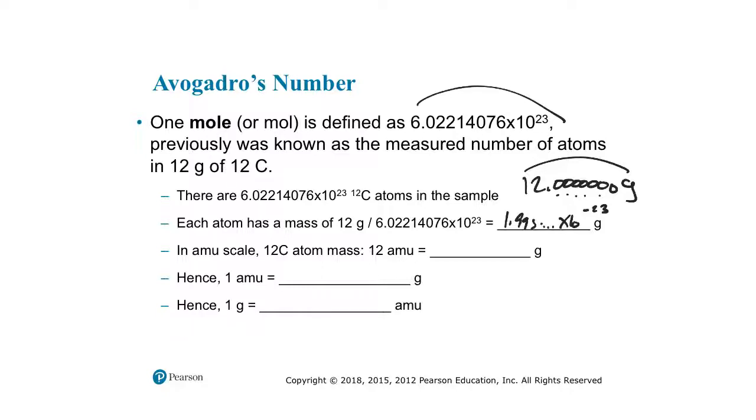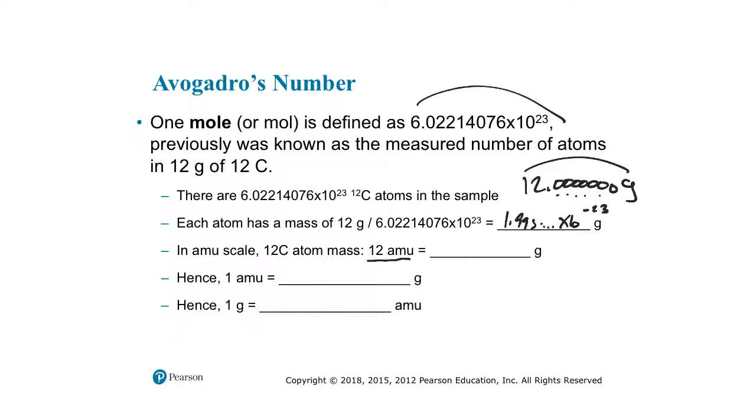So the way the AMU scale is defined is by taking 12 AMU as the mass of carbon in the AMU scale and setting it equal to its actual mass, 1.993 times 10 to the minus 23 grams. I'm going to keep all those digits here so I can get my conversion to AMU.